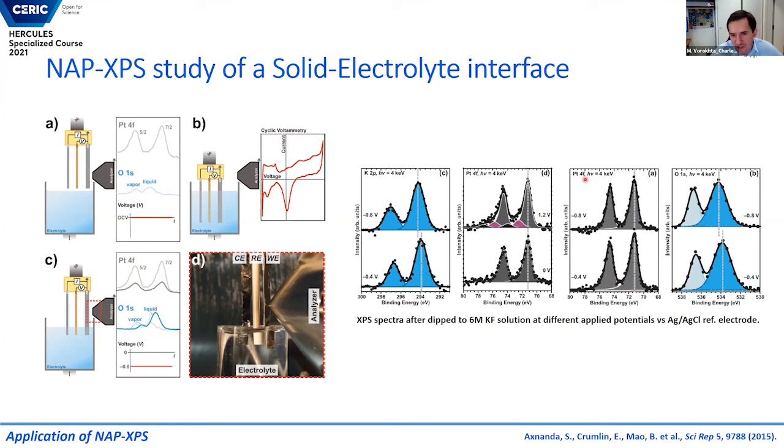So you can answer the question at which potential platinum is oxidizing. And this is quite important in the study of different fuel cells and so on. So it is usually after about 1.2 volts that you have formation of some oxide on the surface, and you can somehow see it even directly using XPS.